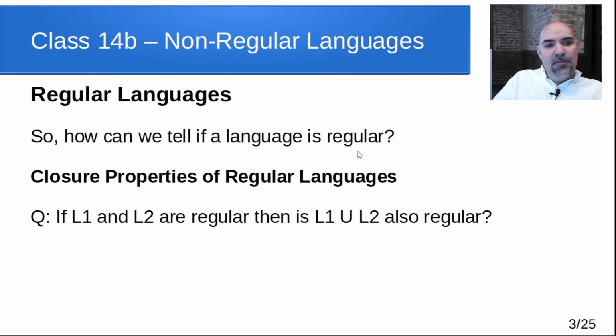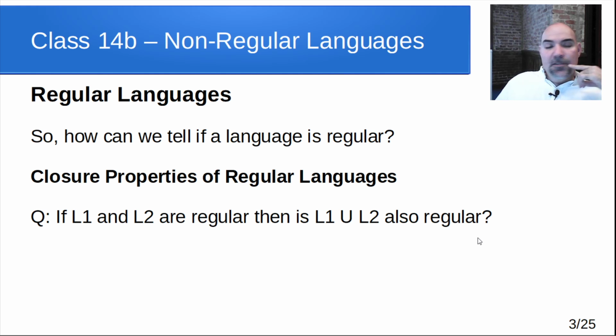And one of the ways of starting with that is this concept of what are called the closure properties of regular languages. And to figure out what a closure property is, let's start with this question. If we have language 1 and language 2, and those are both regular, meaning that a DFA could be made for language 1, and a DFA could be made for language 2, then is the union of language 1 with language 2 also regular?